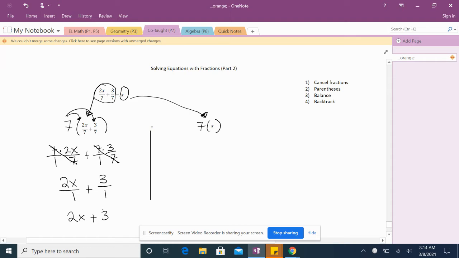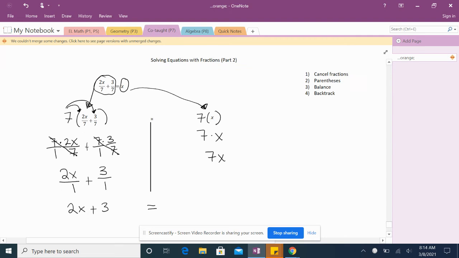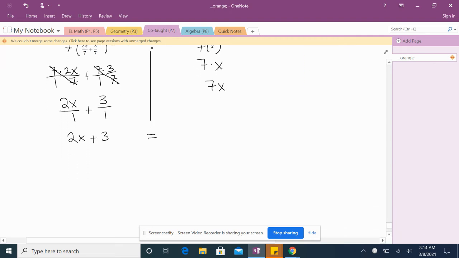We cannot combine these two, so they stay the same. And here, 7 times x is 7x.